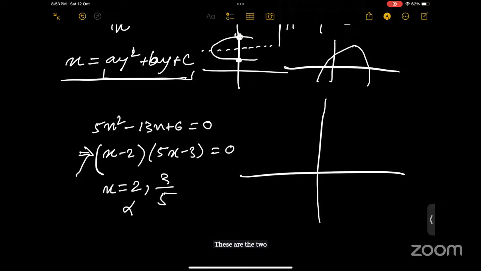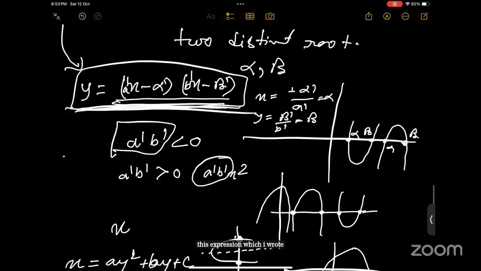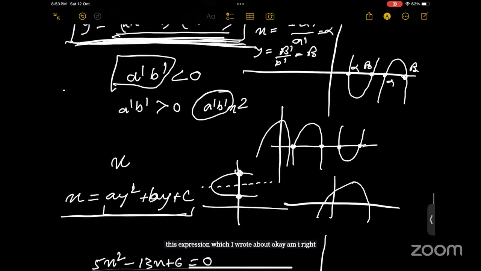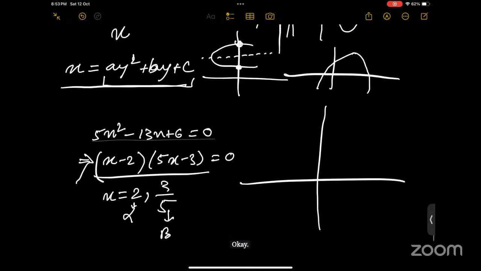So this is our alpha, 2. Suppose this is our beta. This is similar to the expression which I wrote above. Suppose this is our 1, 4, and so on. 3 by 5 is something less than 1. Suppose this is our 3 by 5, and this is our 2, right?